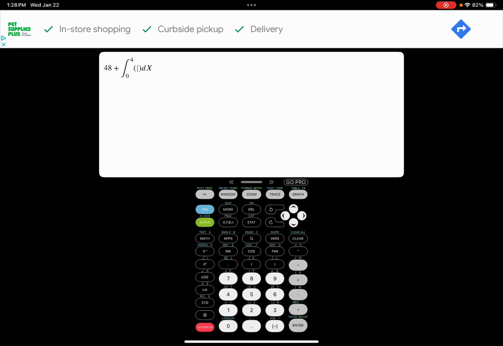And then the E of t is 12t. Make sure you're in radians, which I double checked, but if it's trig, you need to be in radians. Where's that pi button? There it is.